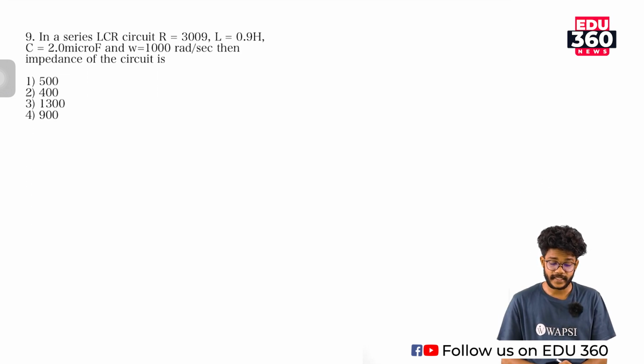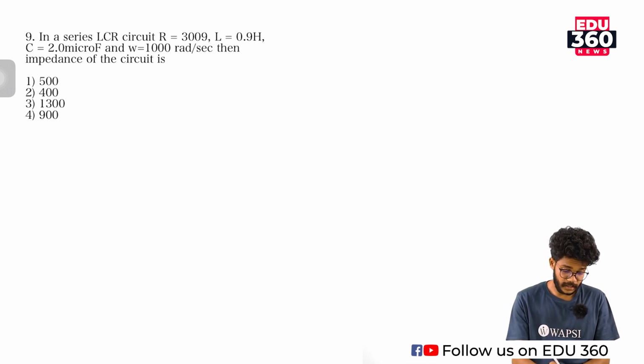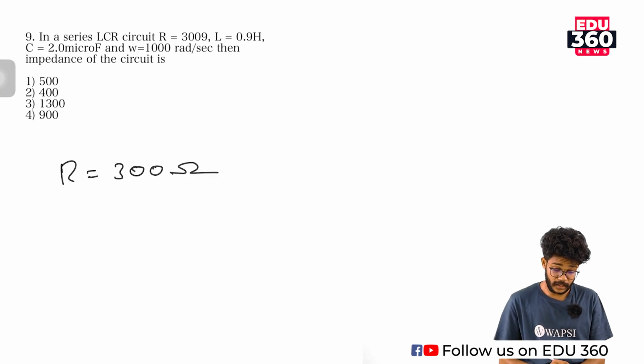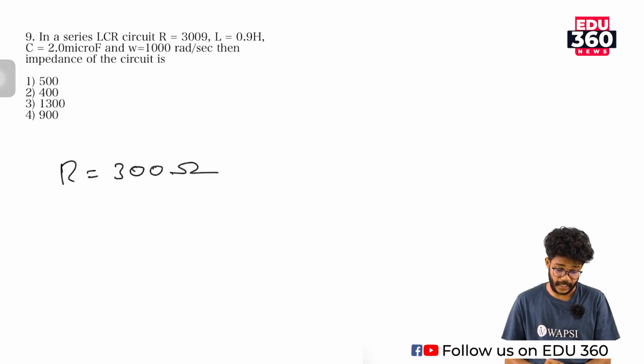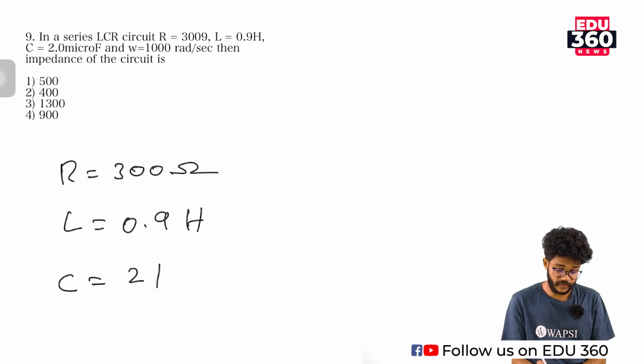In a series LCR circuit, R, L and C are given. The resistance R is 300 ohm, not 3009, and L is 0.9 henry and C is 2 microfarad.